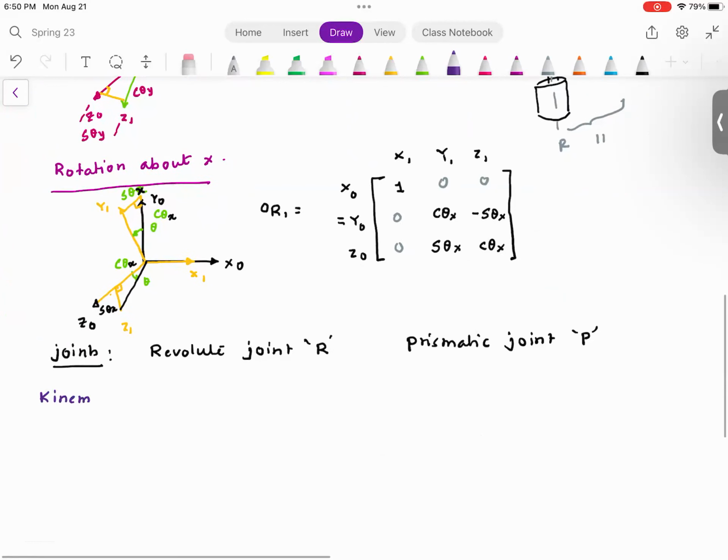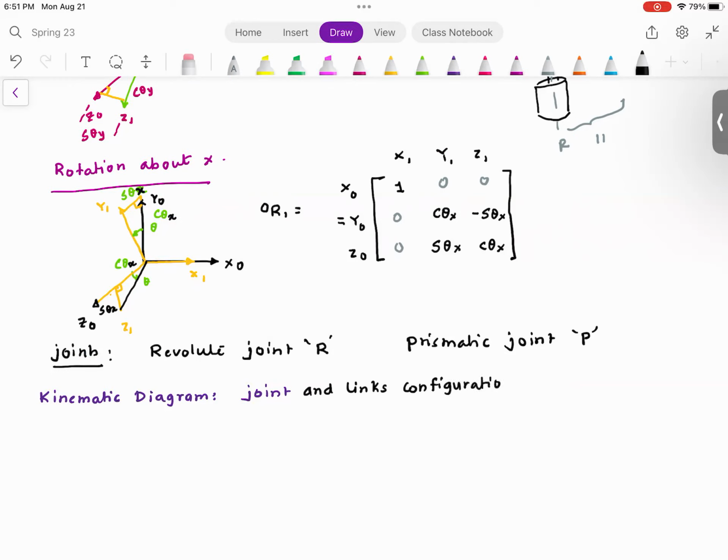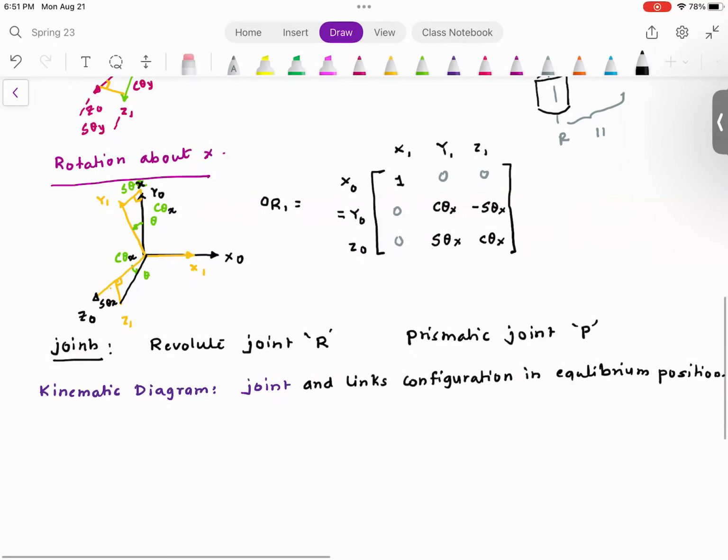A kinematic diagram is the joint and link configuration in equilibrium position.